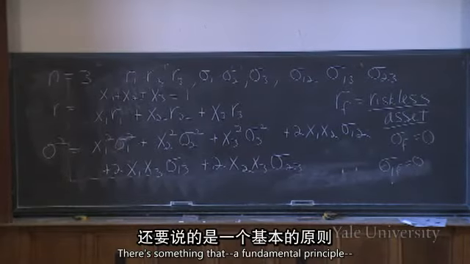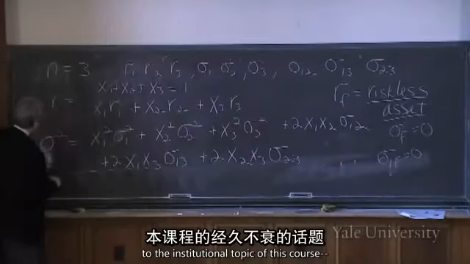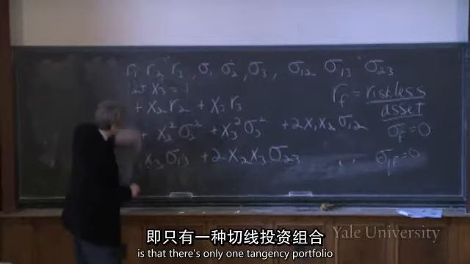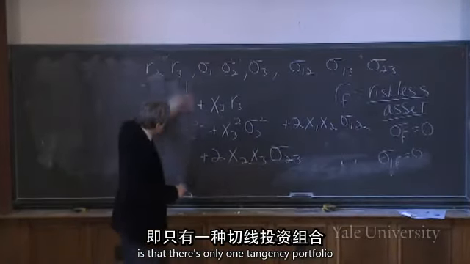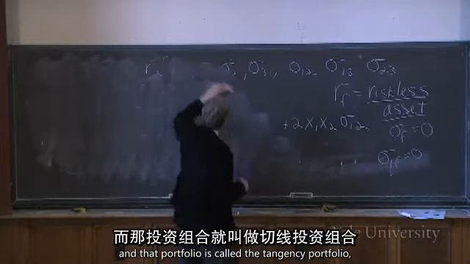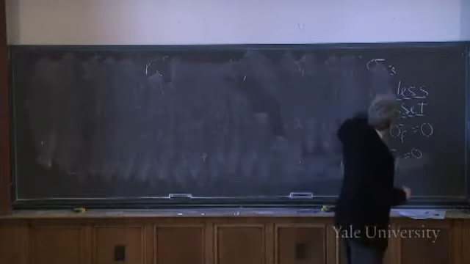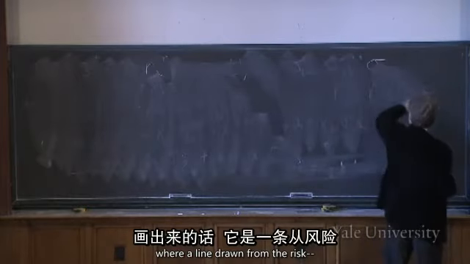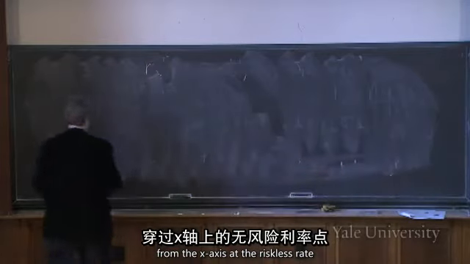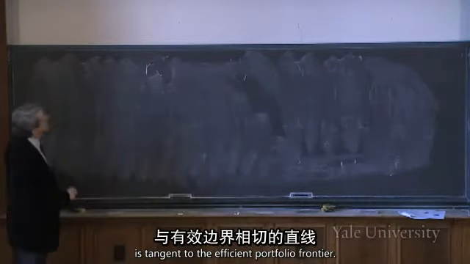There's a fundamental principle, and this is leading us in now to the institutional topic of this course, that there's only one tangency portfolio, and that portfolio is called the tangency portfolio, where a line drawn from the x-axis at the riskless rate is tangent to the efficient portfolio frontier.